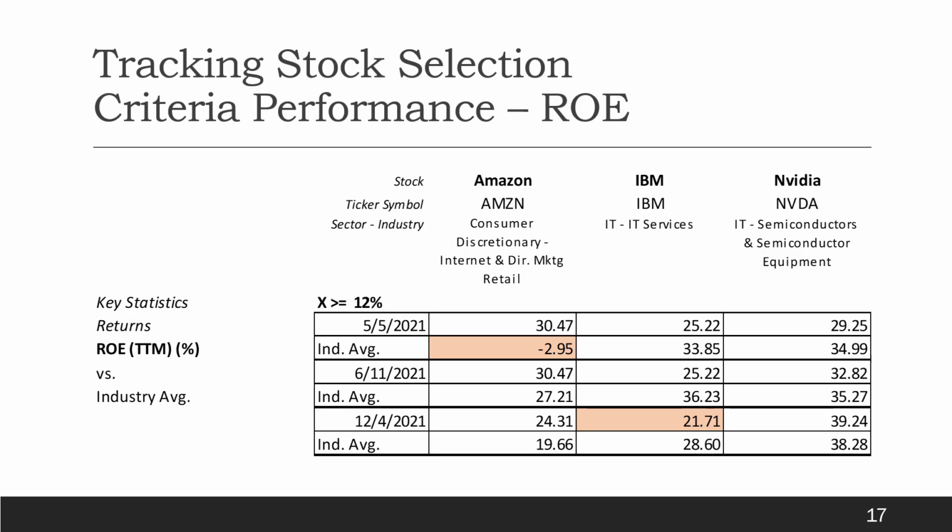Return on equity. On December 4th, 2021, return on equity percentage, trailing 12 months, was above 20% for all three stocks, easily clearing the 12% ROE set as a selection criterion minimum. However, IBM is not pulling up its industry average, while Amazon and NVIDIA are pulling up their industry averages.